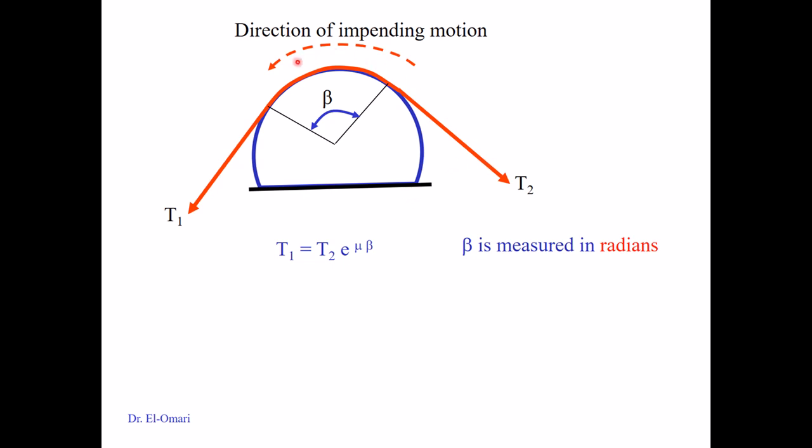In this situation, we first have to look at the direction of impending motion, or the motion that would happen if T1 were greater than T2.